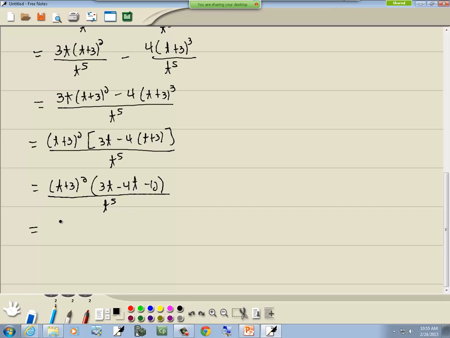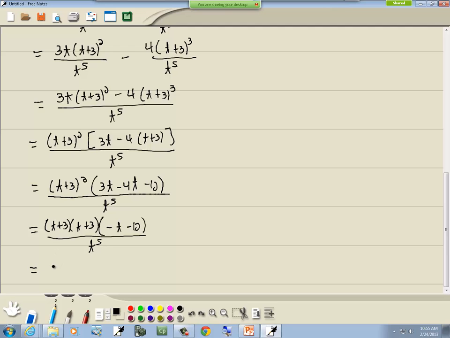Equals. Now I'm going to go ahead and multiply this through. So t plus 3 squared. I'll go ahead and show the steps. T plus 3 times t plus 3. And this here, 3t minus 4t is negative t minus 12 over t to the fifth.